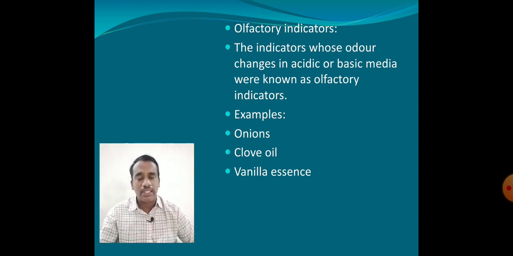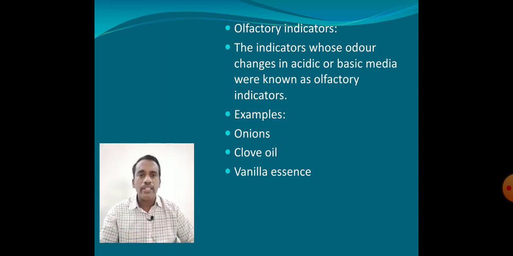Some of the examples that I said are present in and around us. We can take the onion. Don't let the onion be taken directly. First it must be chopped into small pieces and then we go on using it. Do you know the clove oil? Yeah, the cloves that are available at home are also used to detect the presence of an acidic or basic medium.